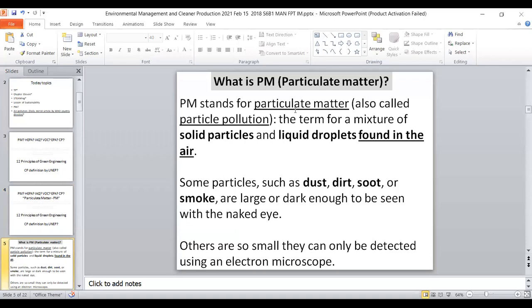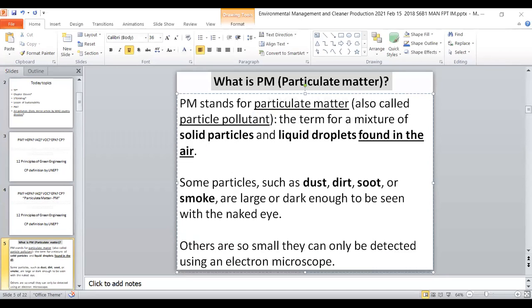PM stands for particulate matter, also called particle pollutants, not pollution. Particles in the air, those pollute the air.